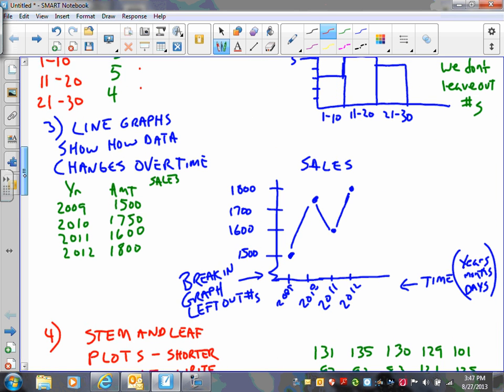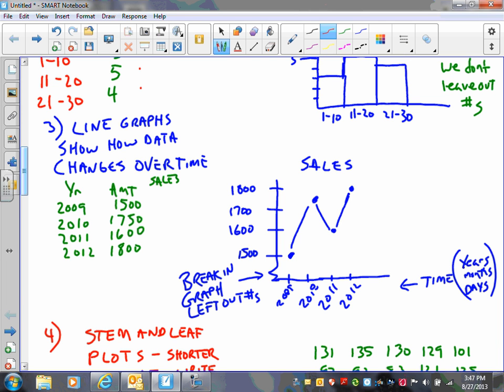You got your title. And then you draw your bars so that they match up with their respective numbers. You are probably most familiar with line graphs. A line graph shows how data changes over time. So if I had this little chart with years and the amount of sales: in 2009 we had 1,500, in 2010 we had 1,750, in 2011 we had 1,600, in 2012 we had 1,800.